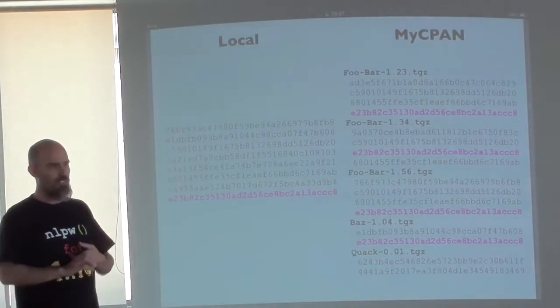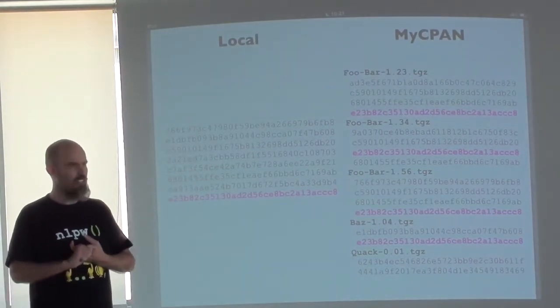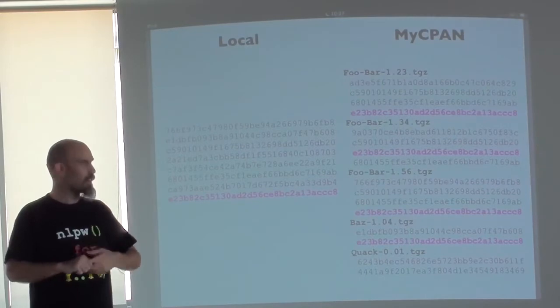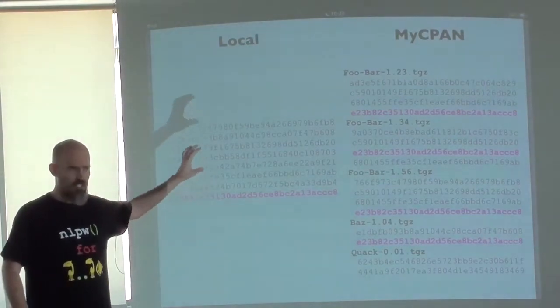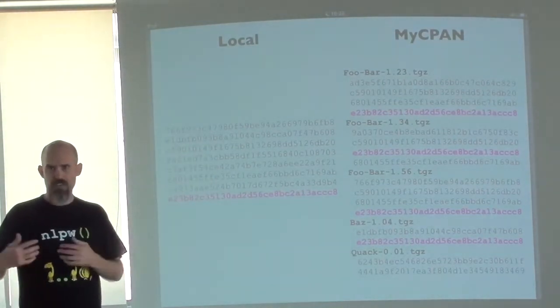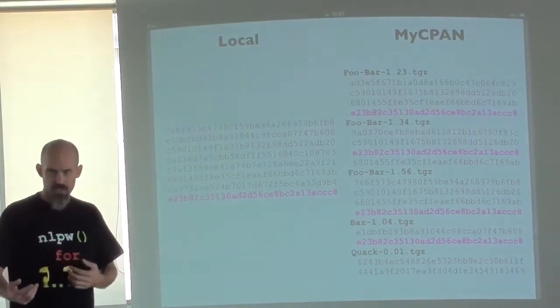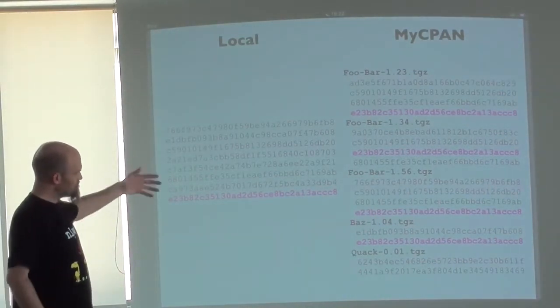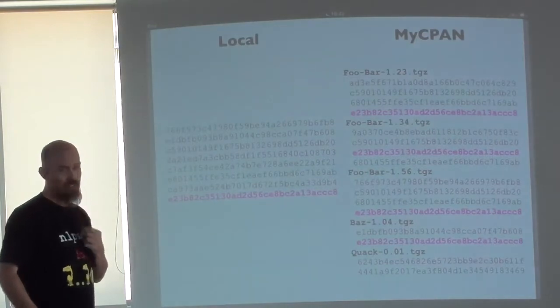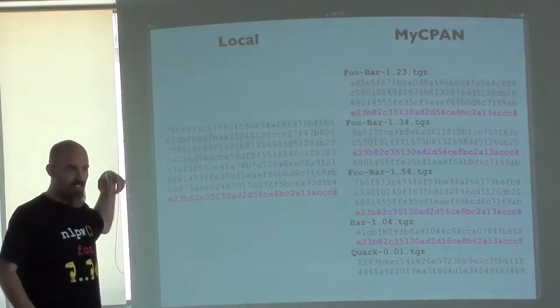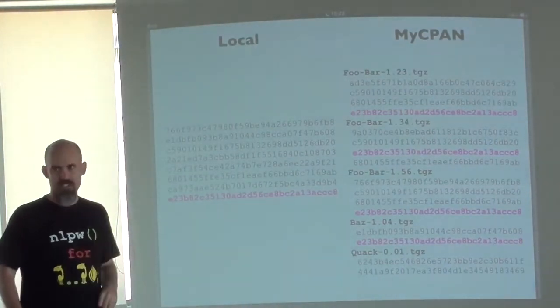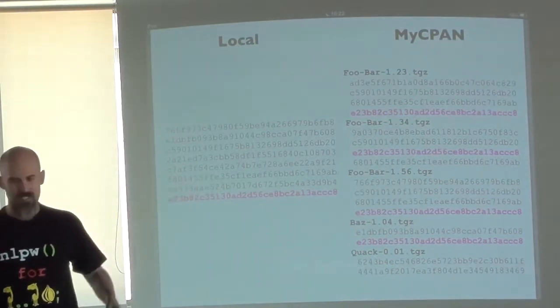A few others, some people have done that with warnings. I should make a list of all of these files somewhere. They don't get indexed. PAUSE doesn't care about this because it will just ignore them. So it doesn't affect us as users. But that still happens, and I have to figure out what to do with that if I'm going to match up the things that are in my local Perl installation to the things that I have in the database.